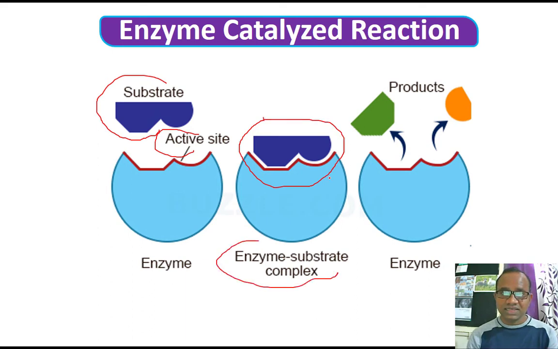This enzyme substrate complex is very important, because in this situation all the chemical reactions, that is the breaking of old bonds, making of new bonds, transition state, activation energy, are involved. So this enzyme substrate complex stage ultimately leads to the products. This is the basic overall way by which the enzyme produces the product.